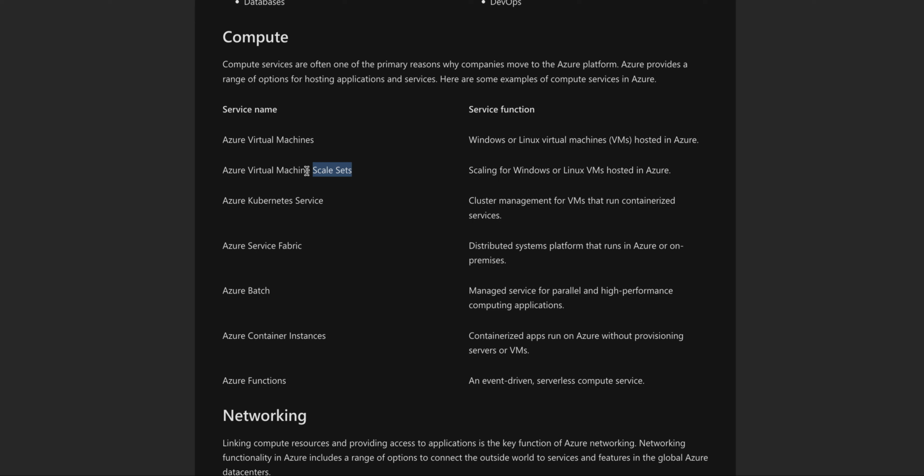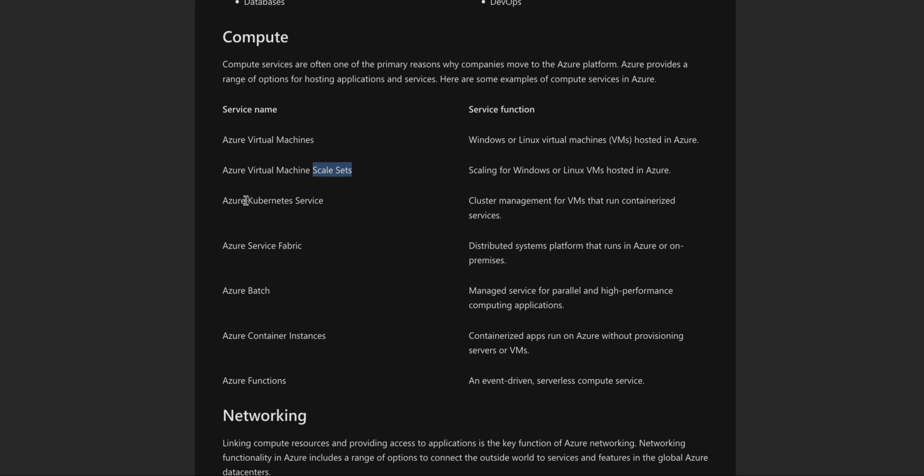So you have scale sets, and then you have Kubernetes service. For the exam and in general, we need to know what the services are and what they do, right? You don't need to go through them in detail, but we just need to have a general understanding of what the services are and what they do.